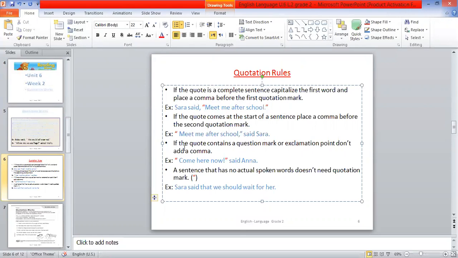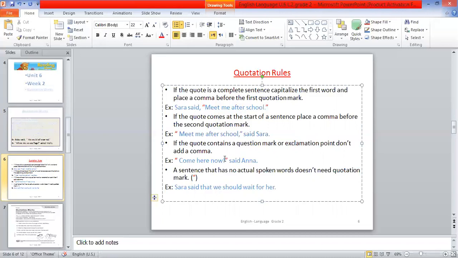The third one, if the quote contains a question mark or exclamation point, don't add a comma, as I showed on the previous page. For example, "Come here now!" This is an exclamatory sentence.